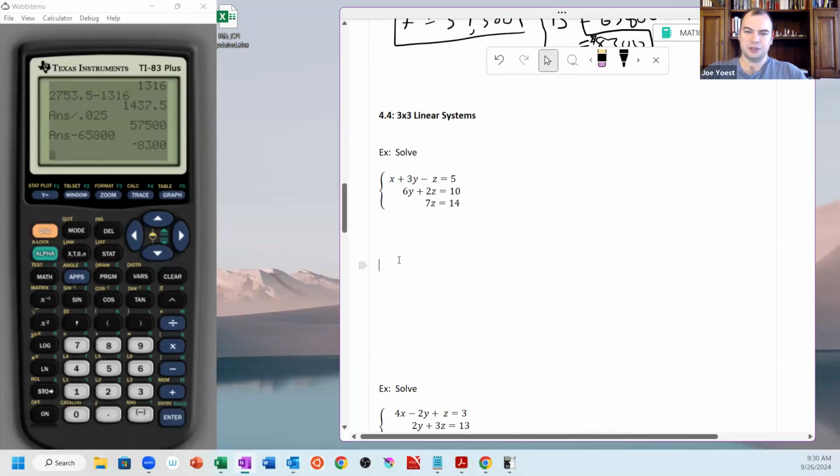Okay, so moving on to 3x3 systems. The book makes kind of a big deal about all of the different possible geometries for 3x3 systems. I think that goes a little bit too far. I think it tries to touch on some linear algebra stuff, but I don't particularly see the reason to go to that extent.